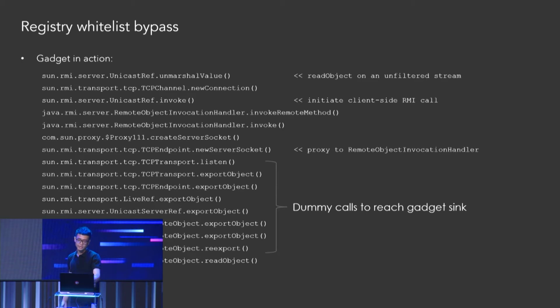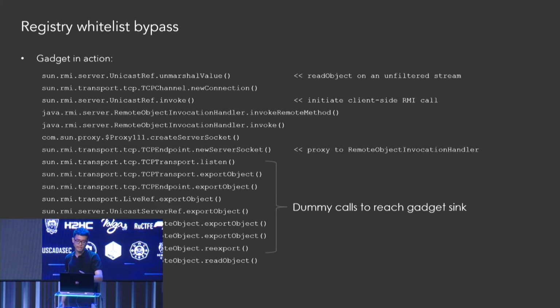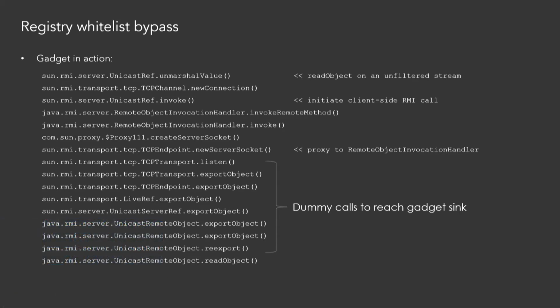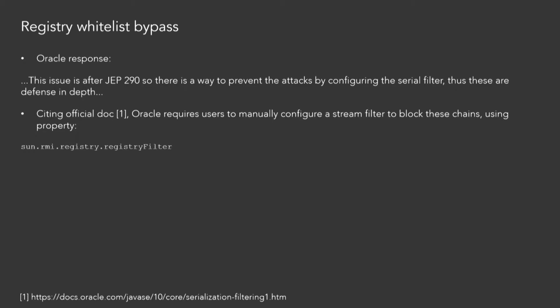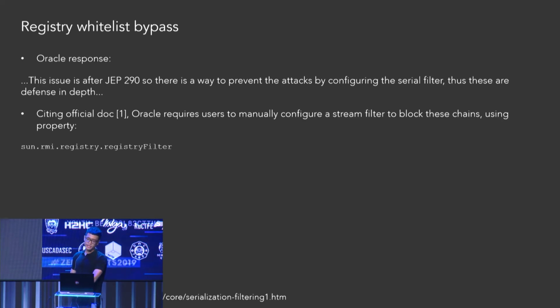At the interface method call, we can use the proxy, the remote invocation handler, to proxy it into an RMI client-side call. When it invokes an RMI client-side call, it will invoke readObject on an unfiltered stream, meaning there's no class check on the stream.